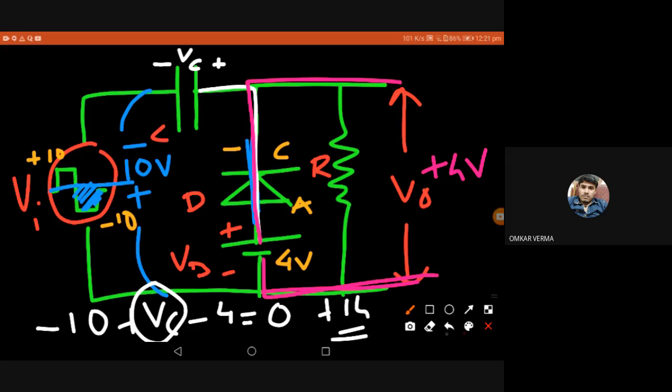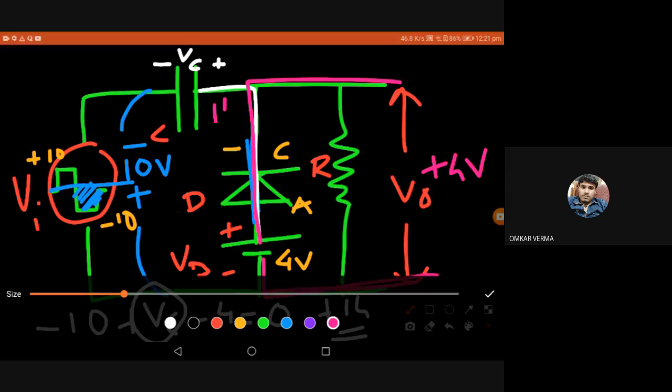Okay, now analyze the positive cycle. When the positive cycle comes, what happens? The charge across the capacitor is already minus plus 14. So here I know 14 volt across the capacitor, and what is the input? Plus minus 10 in the input also.